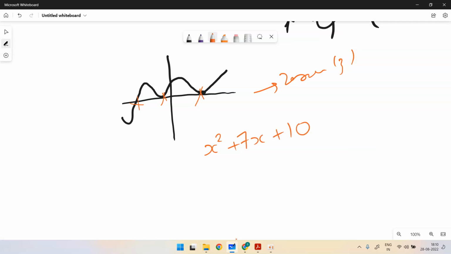Now you need to find the zeros, so I equate p of x equals 0.